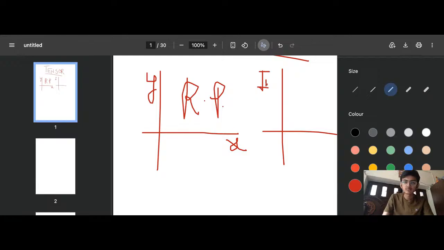Here is the imaginary axis of z, and this is the real axis of z. This is called the complex plane.